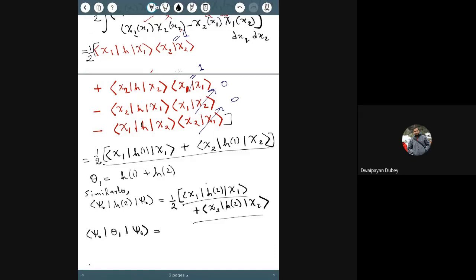The Hamiltonian is different, so they are not the same. But I can write this as now a sum. So let's say I keep the half and I write the sum as I, H, J, psi I, and this is sum over I and J.